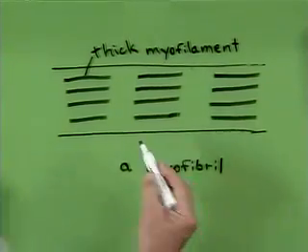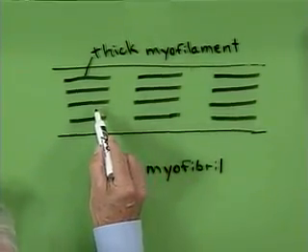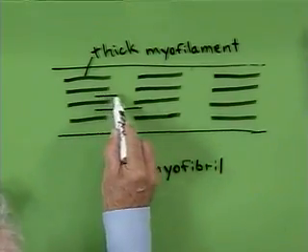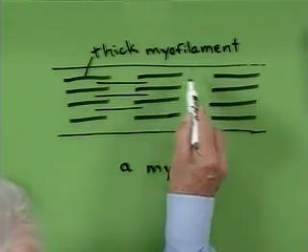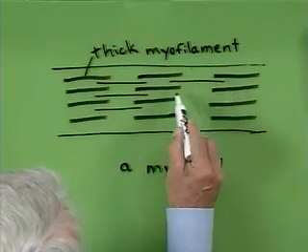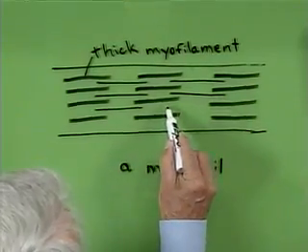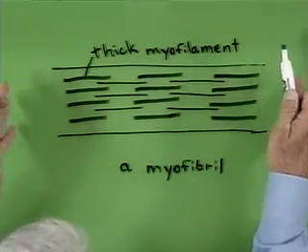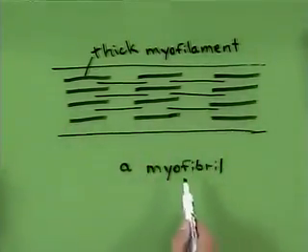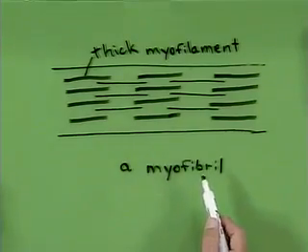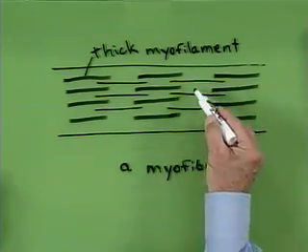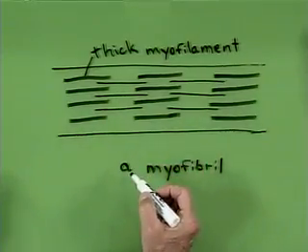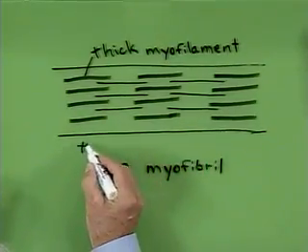Now, in between these thick myofilaments are some skinny proteins that actually interdigitate or overlap them a little bit. And of course, this would continue at both ends of this structure for a long way, because these myofibrils are extremely elongated organelles. And each one of these is called a thin myofilament.